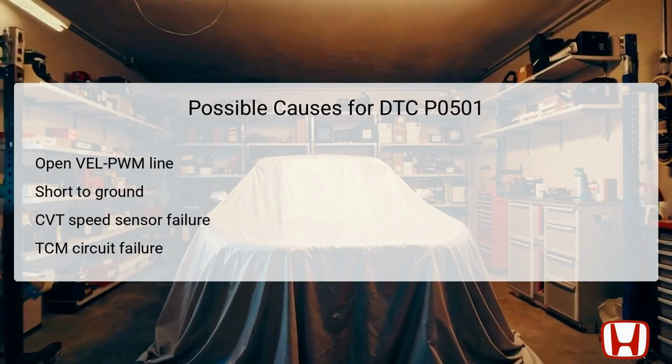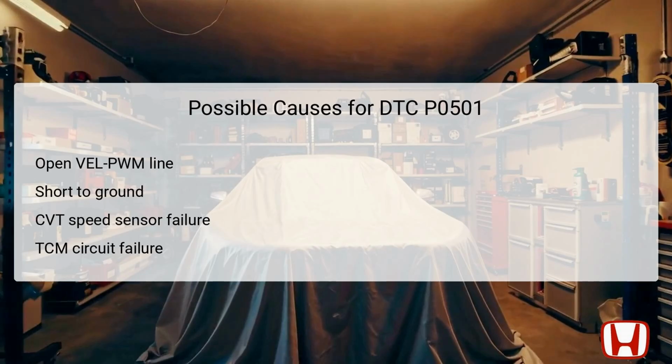Several possible causes explain the occurrence of DTC P0501. Firstly, the VEL PWM line may be open due to a loose or disconnected connector, interrupting communication between the sensor and TCM. Secondly, a short to ground in the wiring harness could create a faulty connection, causing erratic sensor data.